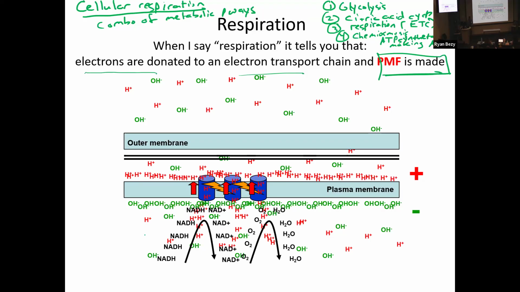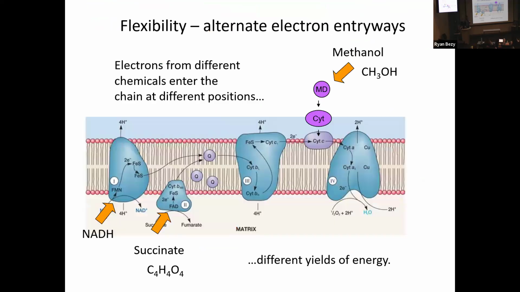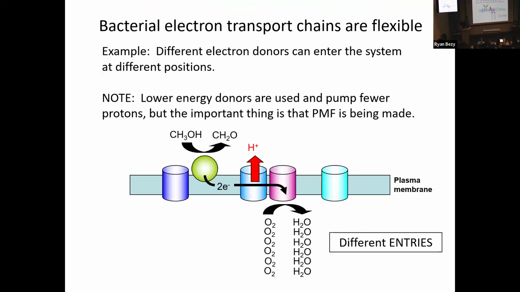I said that a common electron donor is NADH. It's not the only electron donor. Electron transport chains, especially bacterial electron transport chains, are actually flexible systems. You guys ever heard the phrase, don't put all your eggs in one basket? What's that mean?